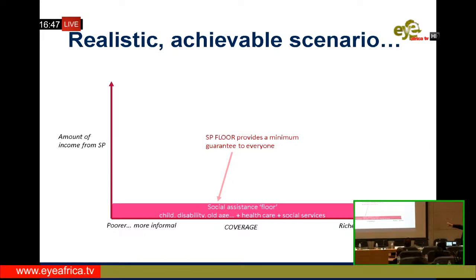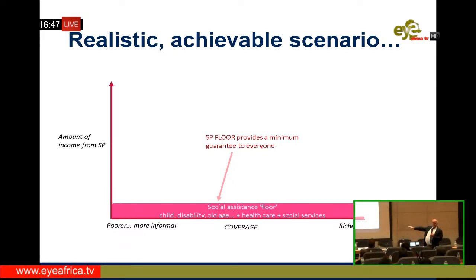You put a type of child benefit. We can discuss about exactly what form it should have in your country, but a kind of things to help people with children. Help people who have people with disabilities in the house, and social pension. Helping old people.